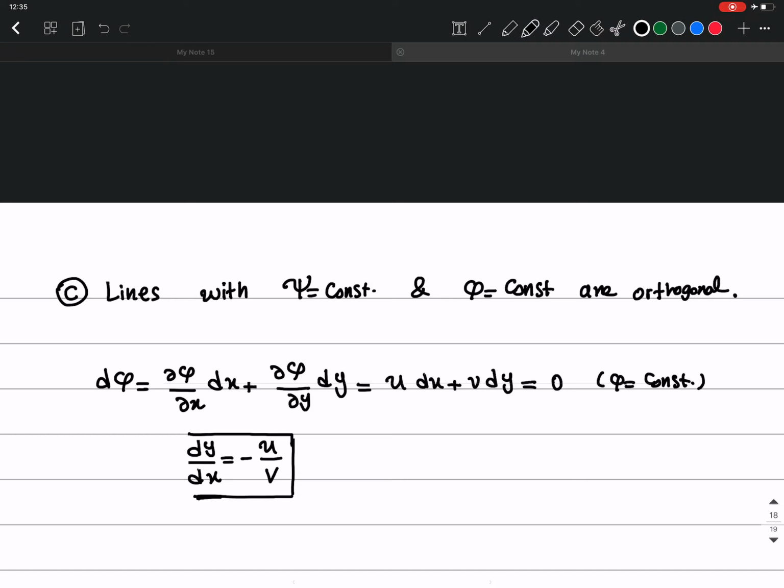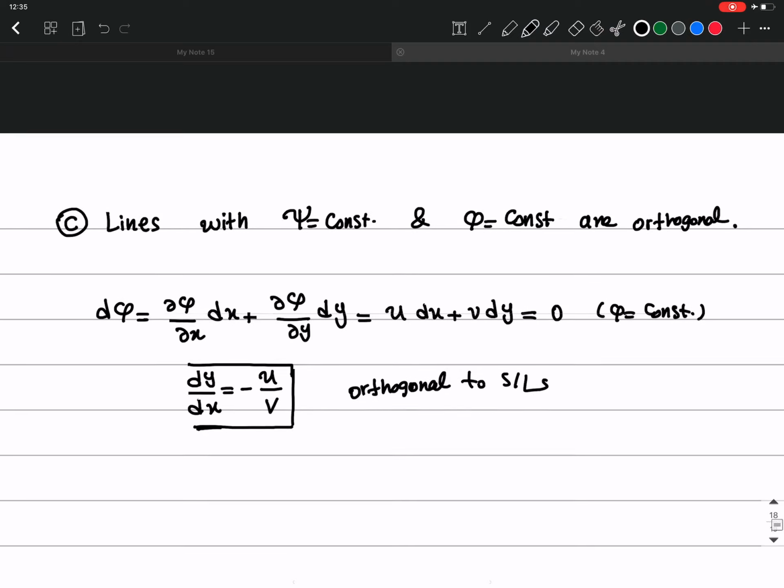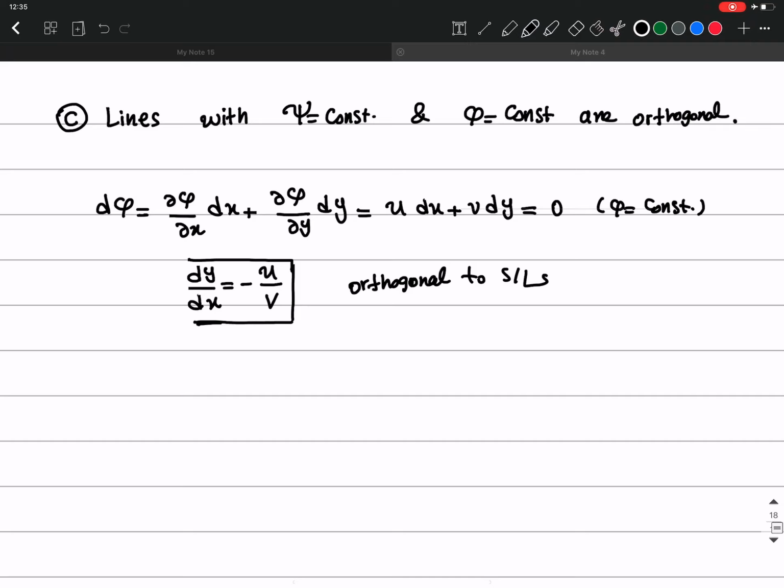So if you multiply this together, you're going to get minus 1. So this means that they are orthogonal to streamlines. And we talked about this, that they are orthogonal to the velocity vectors, which are kind of these streamlines.